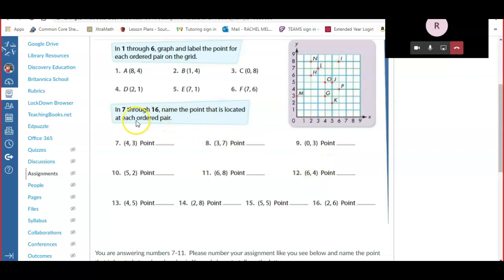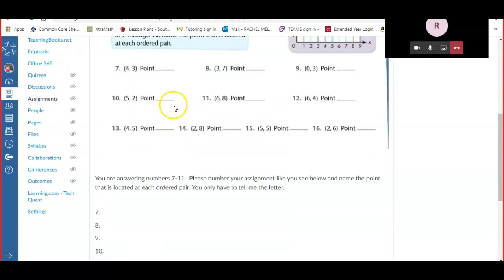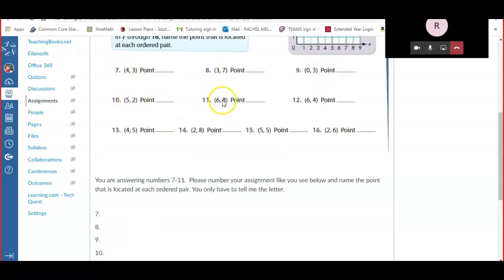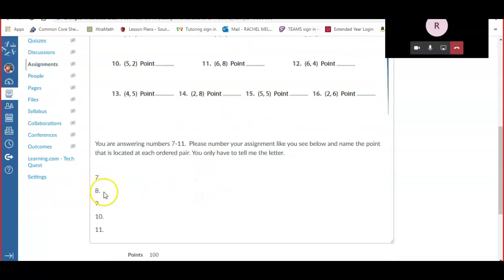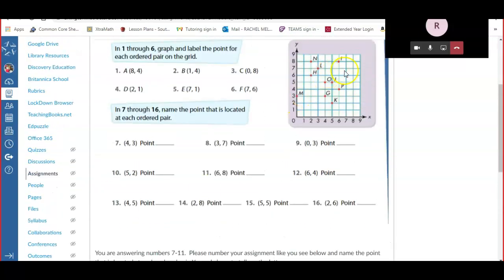It says name the point that is located at each ordered pair. So you're doing 7, 8, 9, 10, 11. That's 5 questions. You need to number it 7 through 11, and then tell me the letter for that point.